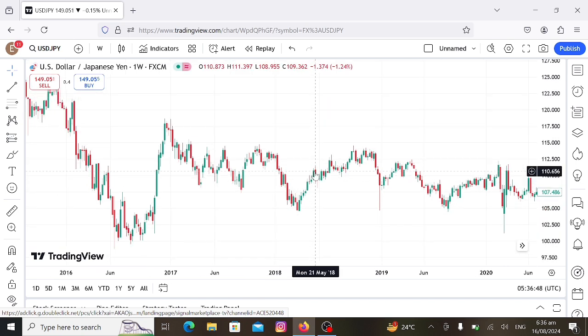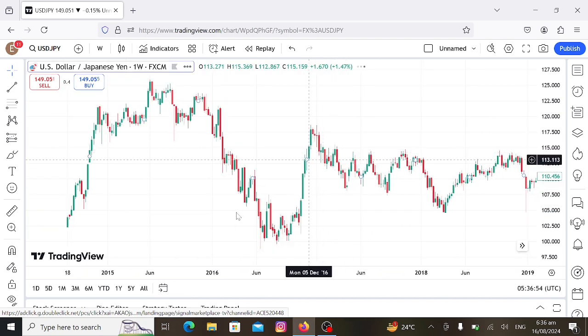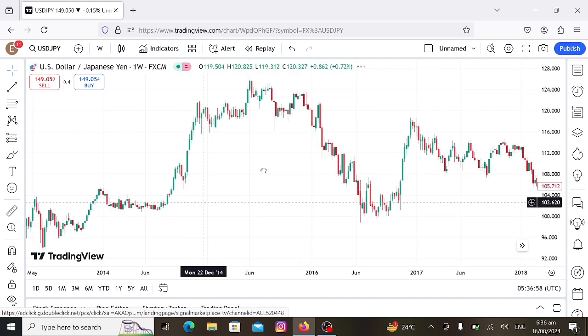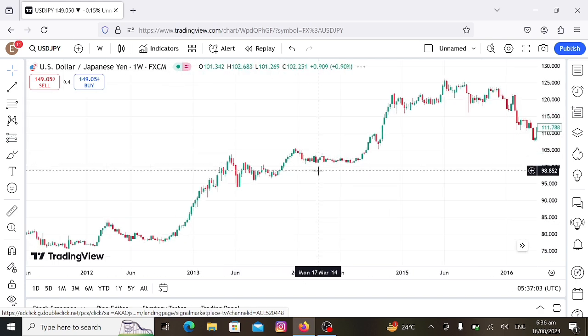The reason why I'm using a higher time frame is that they are more valid, they are more likely to be respected in a higher time frame than a lower time frame.